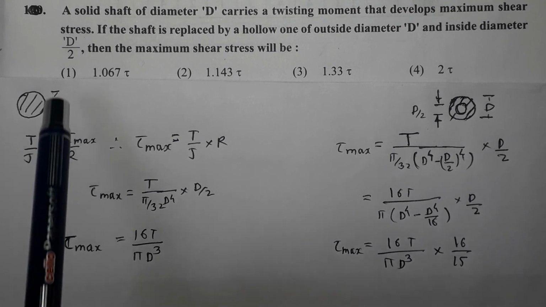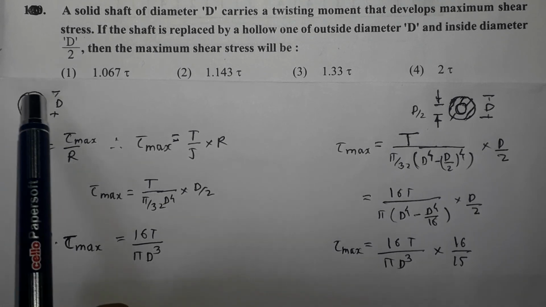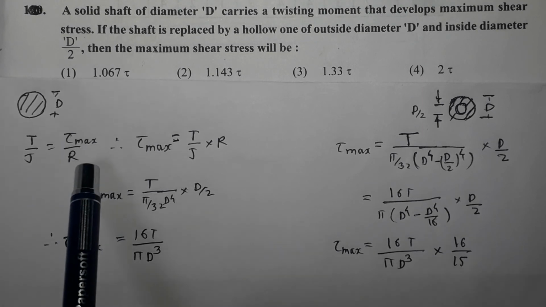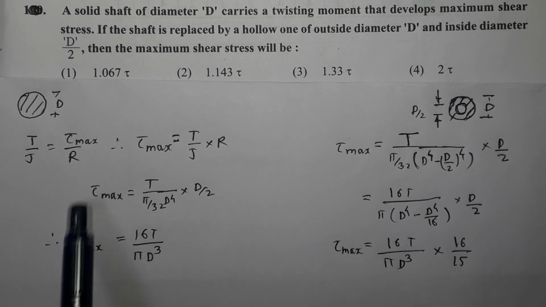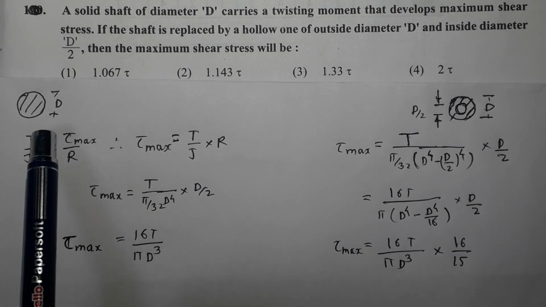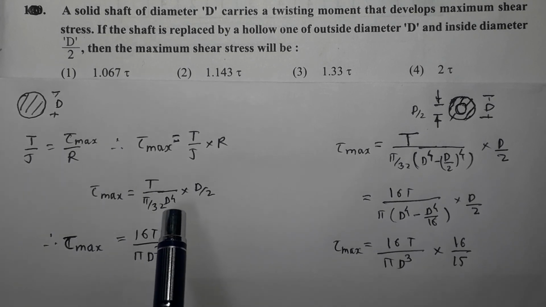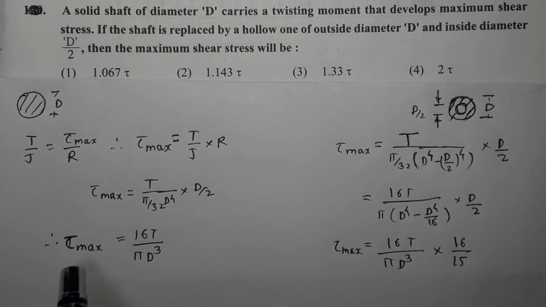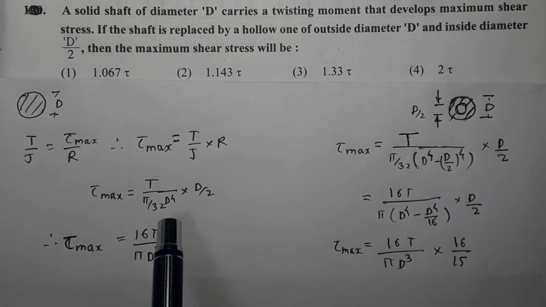In the first case the shaft is solid, of diameter D. If I use the equation of torsion, T by J is equal to tau max divided by R, then tau max is T divided by J. For a solid shaft J is pi by 32 into D raised to 4, and R is D by 2. If I simplify, I get tau max as 16 times T divided by pi D cube.